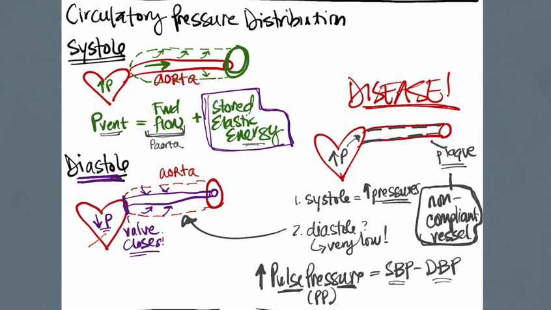So high pulse pressures are a pathological sign. This is a sign of something going wrong in the system. So you typically see higher pulse pressures in patients with atherosclerosis. This is also something that occurs normally with age.